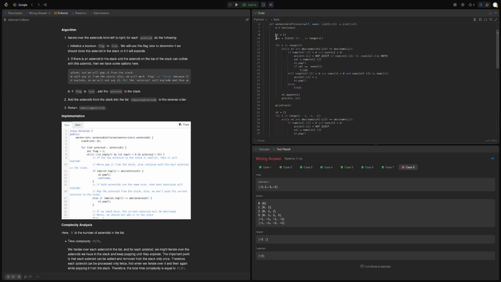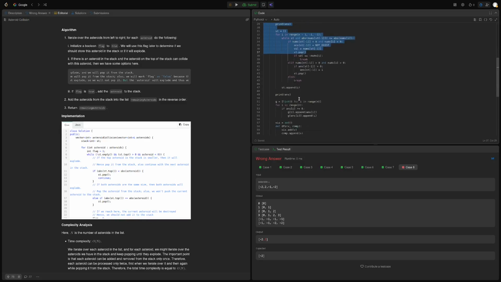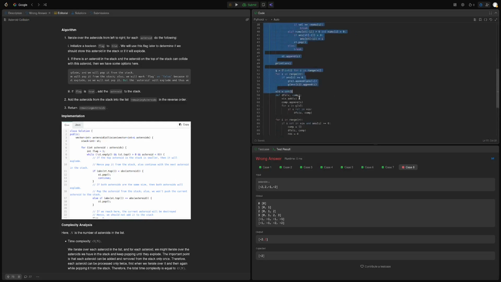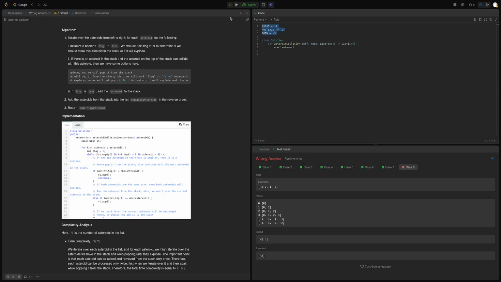Yeah, that's too complicated. That is too complicated. Okay, well, I mean, struggling with medium is crazy.